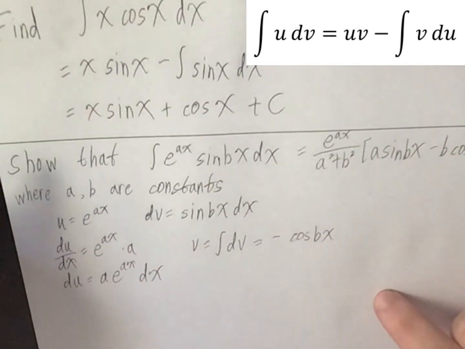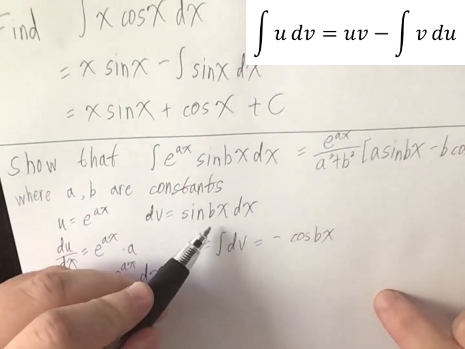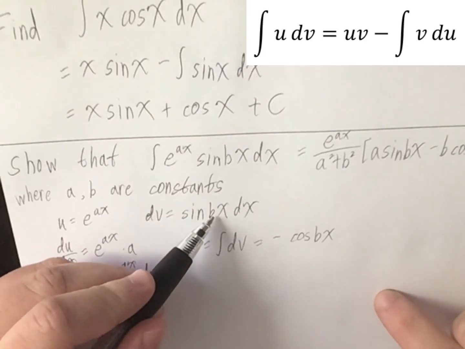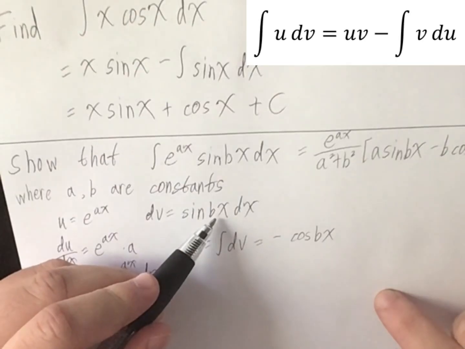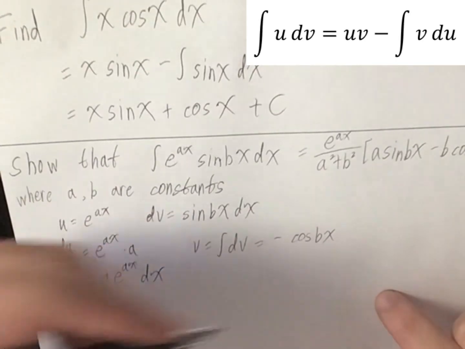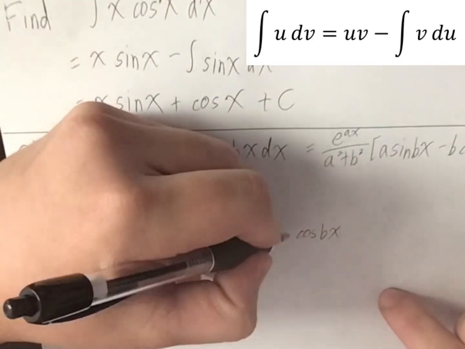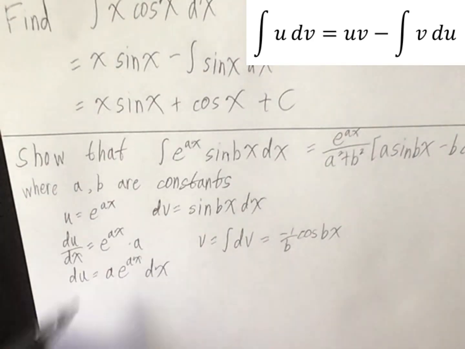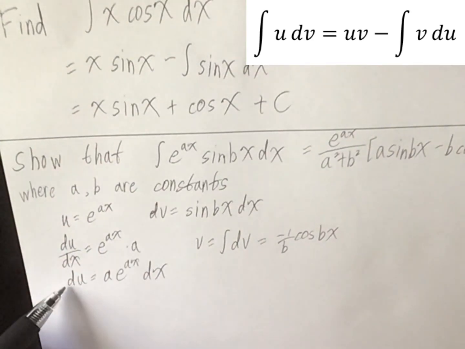But now you also need to use the reverse of the chain rule, so we need to divide by the derivative of the inside part. This only works for a linear function inside. So the derivative of bx is just b, giving 1 over b. So I will put 1 over b in the front. And now you have your u, dv, du, and v.